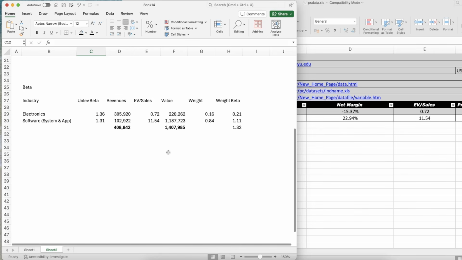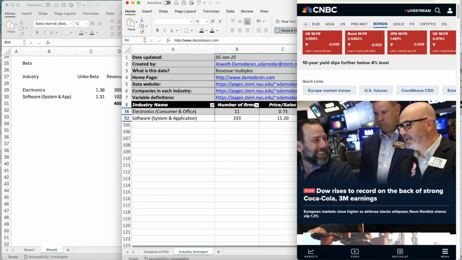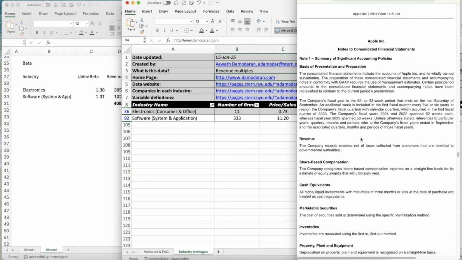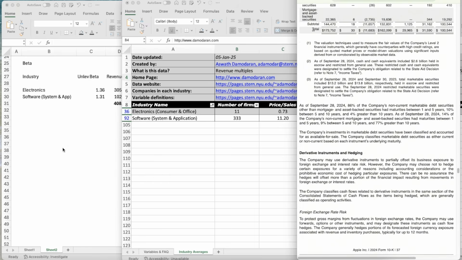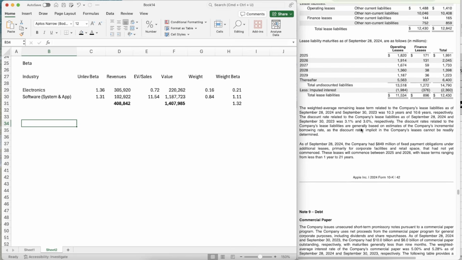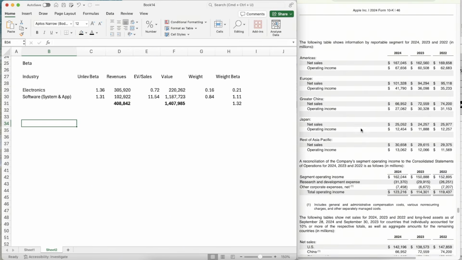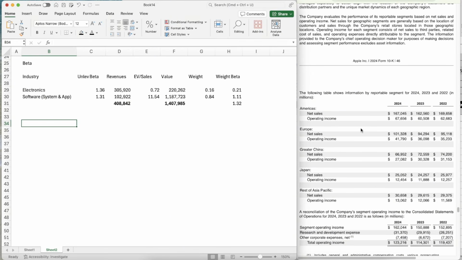Now the equity risk premium, this is a bit more difficult. We need to come back onto the latest one. Let's see if they break down where they get their revenues from. Yeah, okay, this is good.